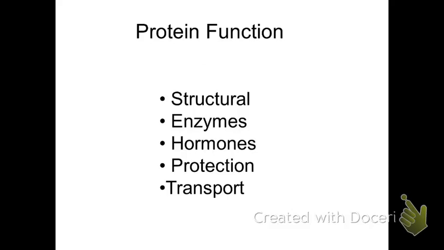Okay, so what we're going to do now is look at basically the function of proteins. IB expects that you become very familiar with the functionality of proteins and how they work in the body.